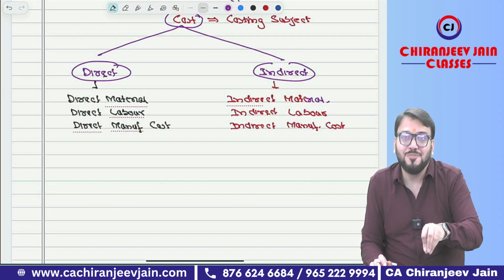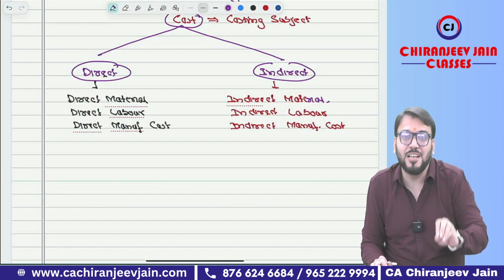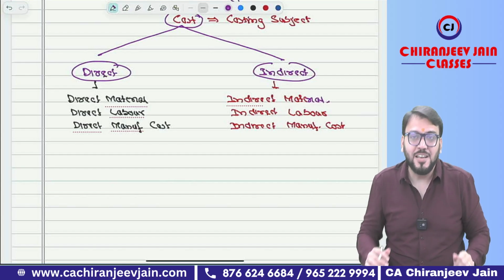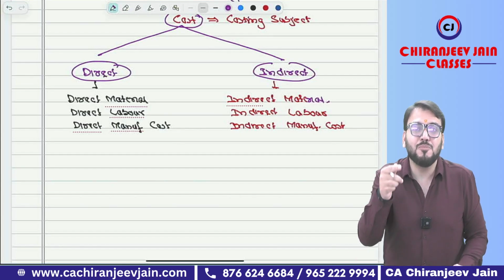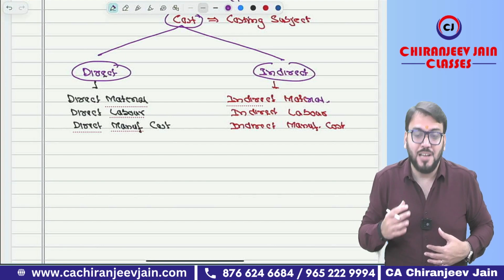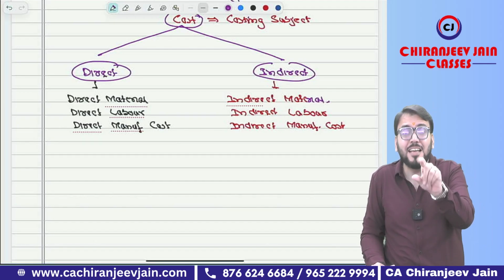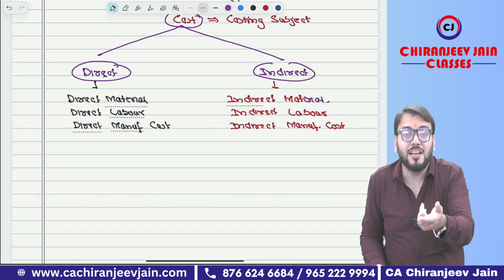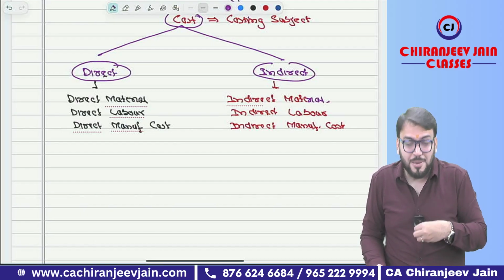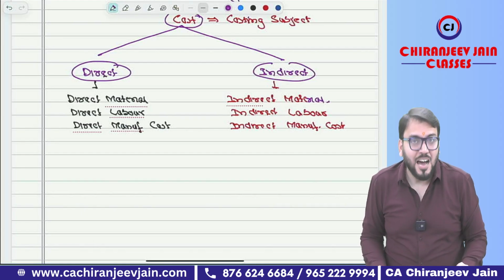Any labor which is directly engaged in production, that is direct. For example, right now, I am also producing my recorded classes. So, my labor cost is direct. Right now, I am labor because I am engaged in producing my recorded classes. It means whatever payment I will receive, that is direct labor. Correct? Are you getting what I am saying?